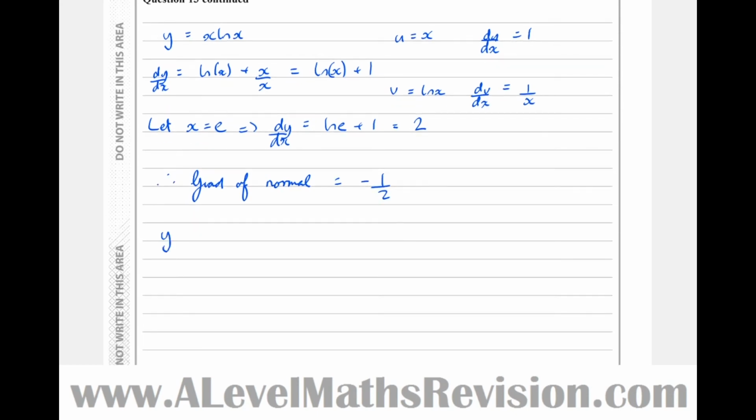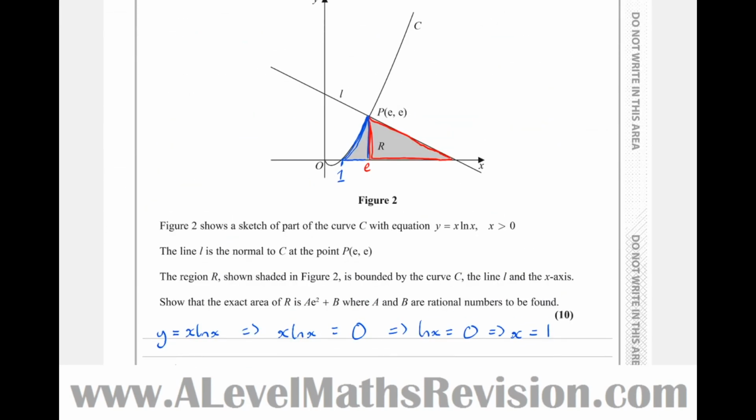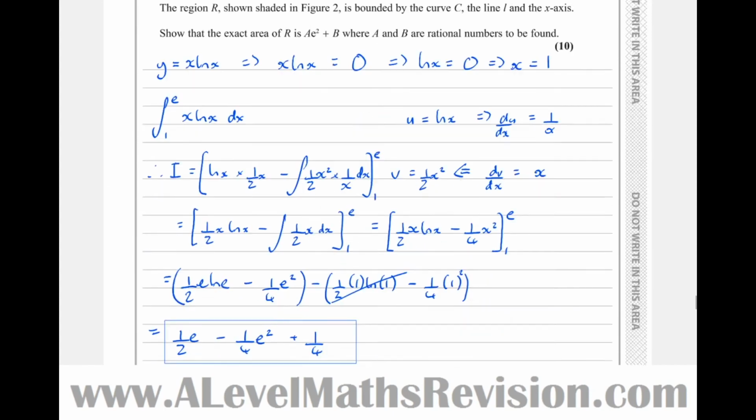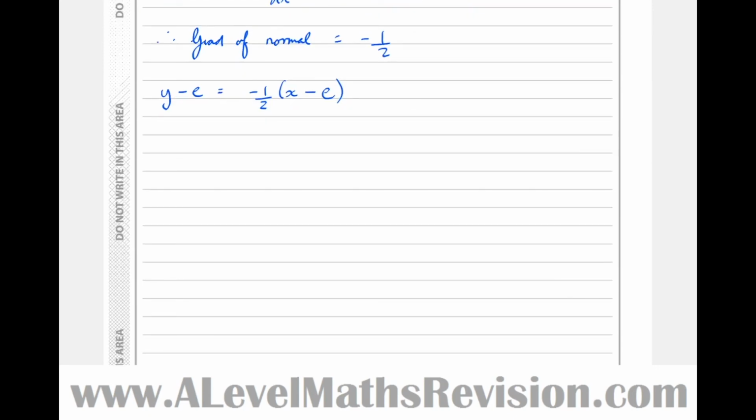Right, so now let's find the equation of the normal. So we've got y minus y1, and remember the point was (e, e), equals minus 1/2 times x minus x1. Now there's no need to rearrange this into a nice format, because if we go back up here, all we want is the x-intercept, i.e. when y equals 0. So leaving it in that format now is fine.